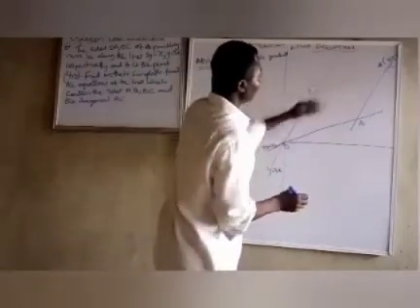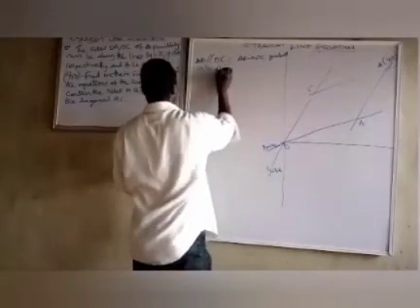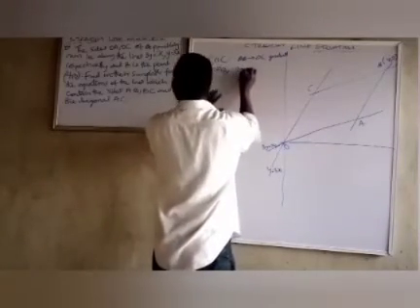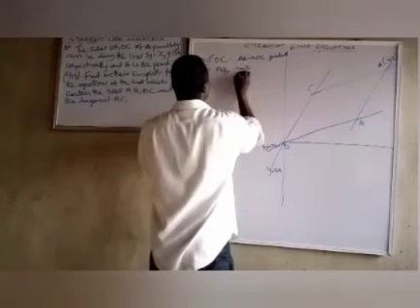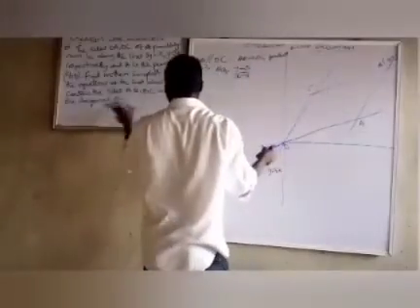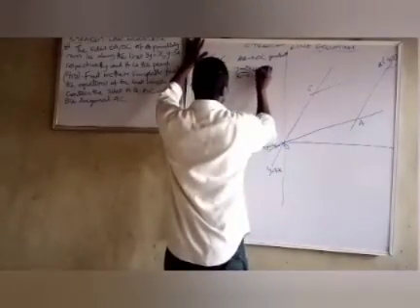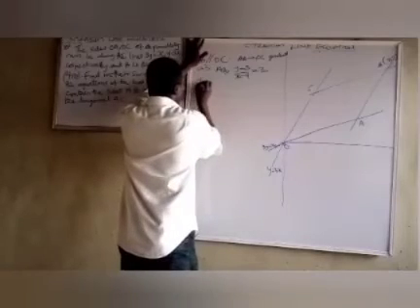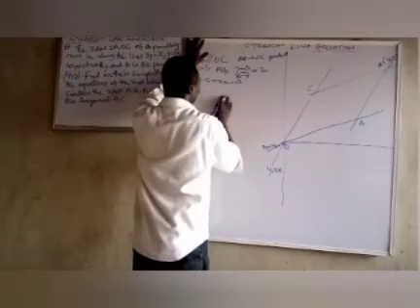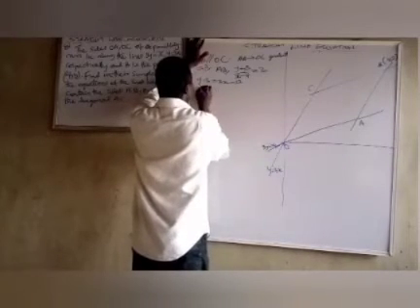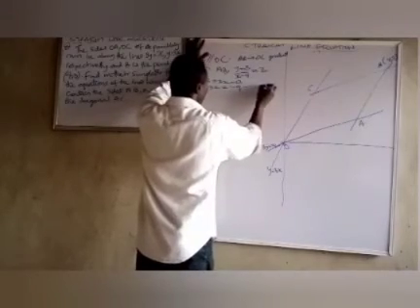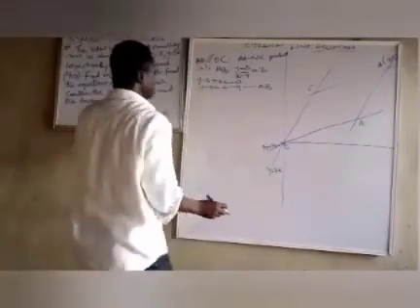Therefore, for line AB, we have (y minus 3) over (x minus 4), because it passes through that point, equal to 3. So y minus 3 equals 3x minus 12, so y minus 3x equals minus 9. That is for AB.